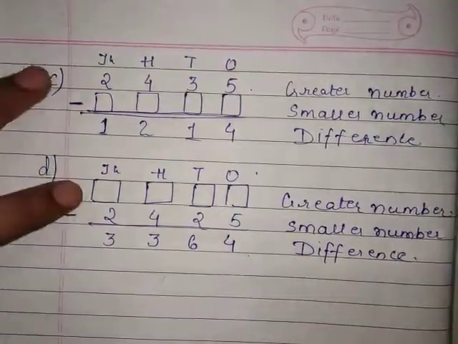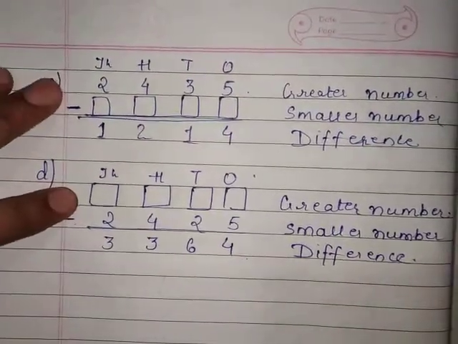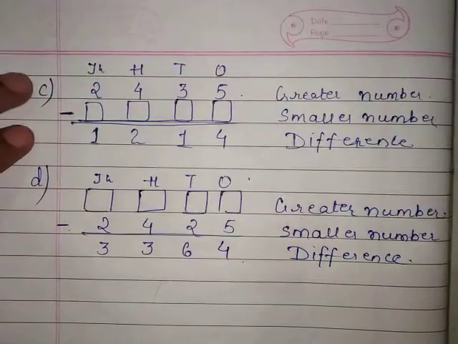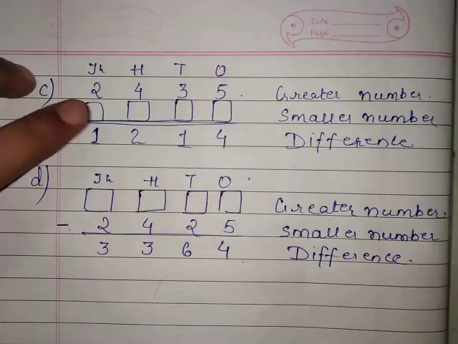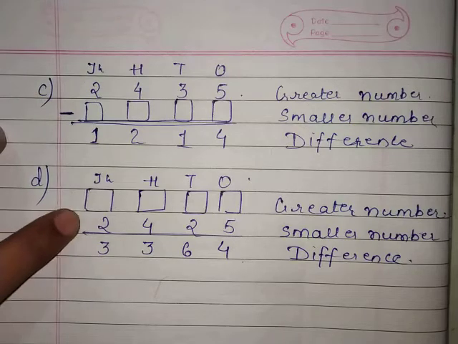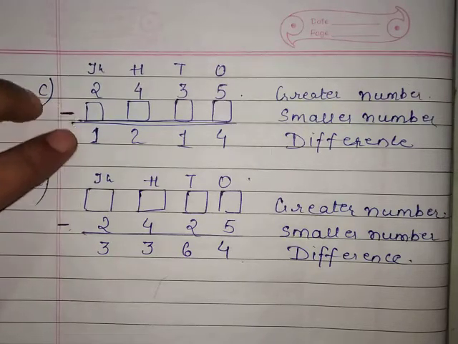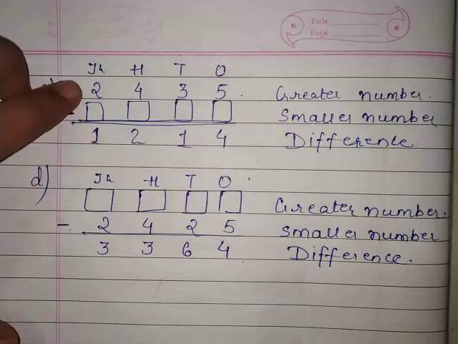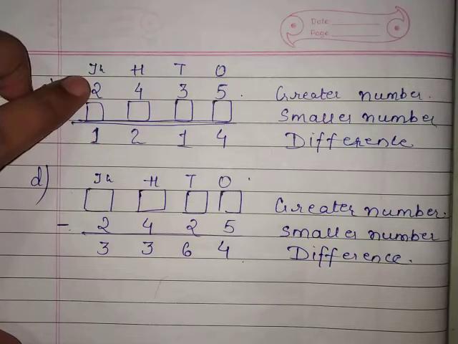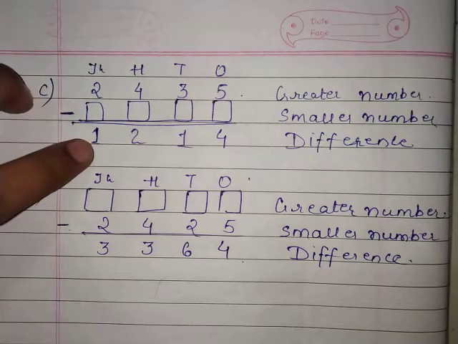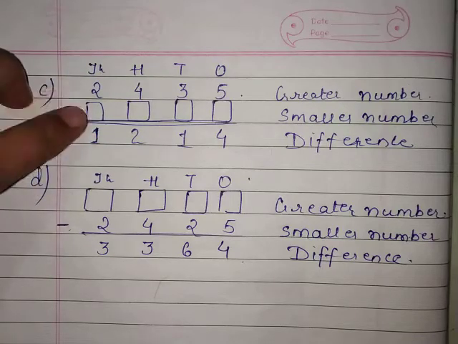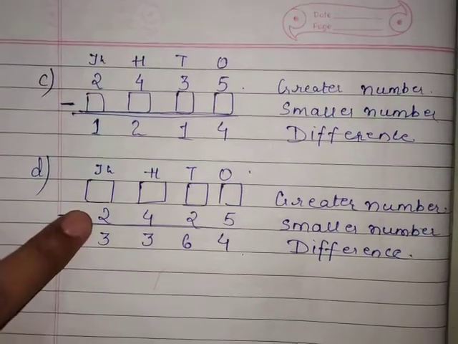So what is the difference in both these questions? In question number C, we have to find the smaller number, and in question number D, we have to find the greater number. To find the smaller number, first we have to write the greater number, then minus, then the difference. Then we will get the smaller number.